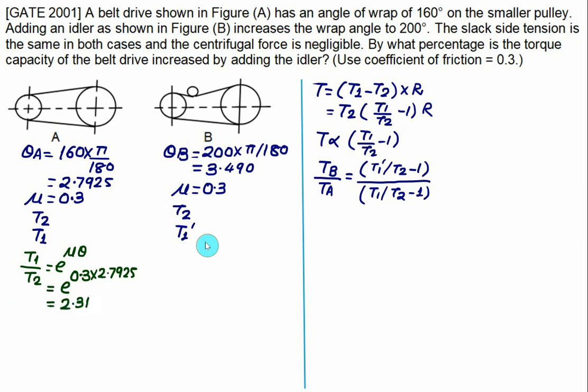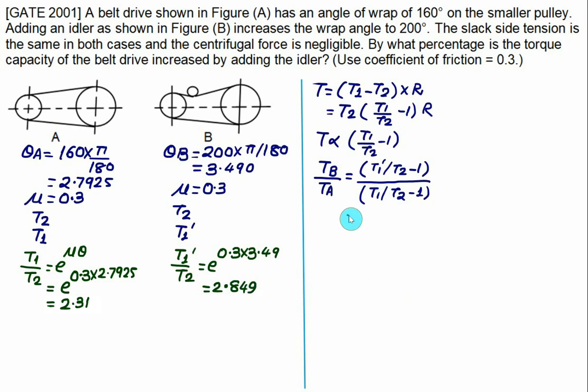When the idler is provided, we can calculate T1 prime by T2 equal to e to the power mu theta, which is 0.3 multiplied by 3.49. This value of the ratio is 2.849.